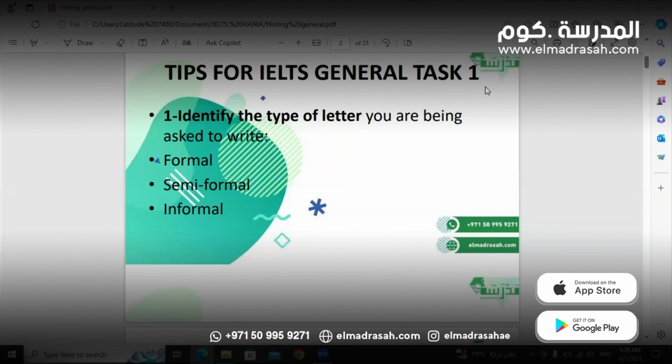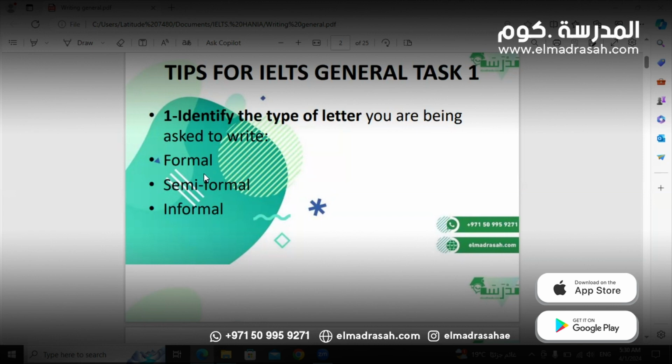But in task number 2 in the section of general writing, it will be about writing an essay in response to a point of view, argument, or a problem. So you will respond to a problem or an argument in this essay.